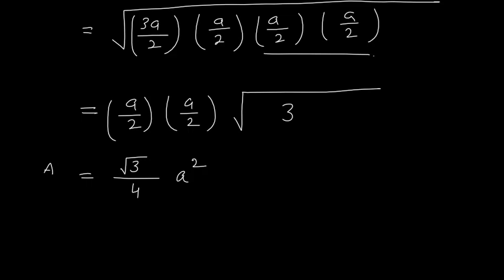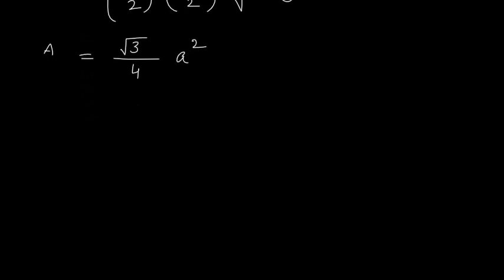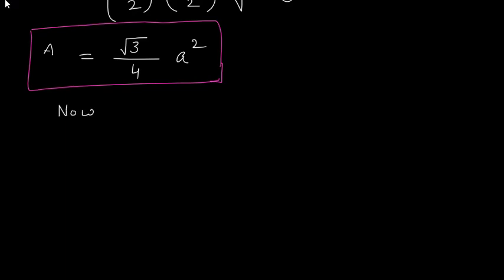Now we have to find the area when the perimeter is given as 180 centimeter. So here the second part is, first part we found the area of the equilateral triangle. So this is the formula for an equilateral triangle. Now the perimeter is given, 180 centimeter.